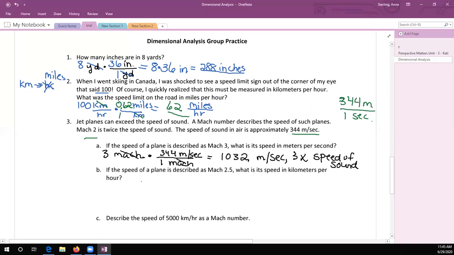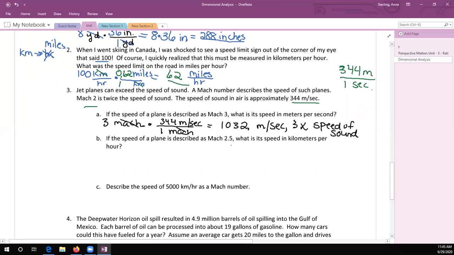Okay, so now we want to know if your plane is going 2.5 Mach, how fast is it going in kilometers per hour? So what we have off to the side is that Mach number, and we can convert that Mach into meters per second.